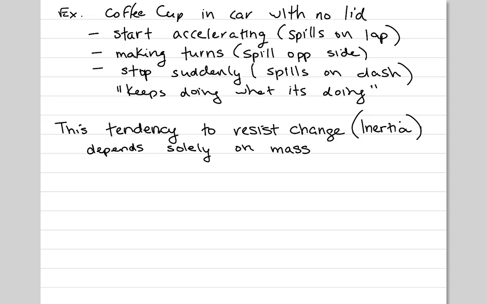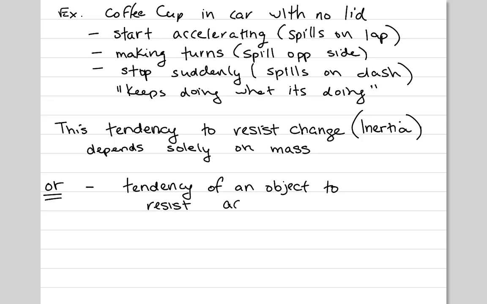Okay. So this tendency to resist change, we could say it a little bit differently. We could say it's the tendency of an object to resist acceleration. And what we'll come to learn is that forces cause acceleration.